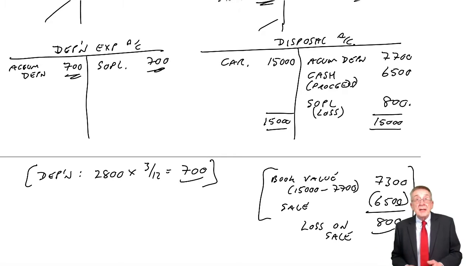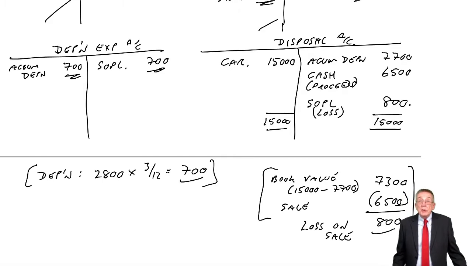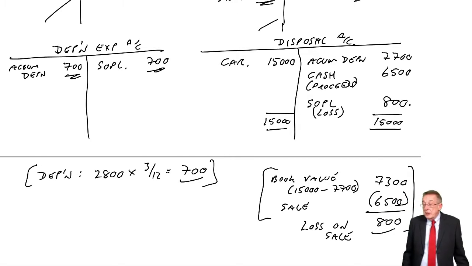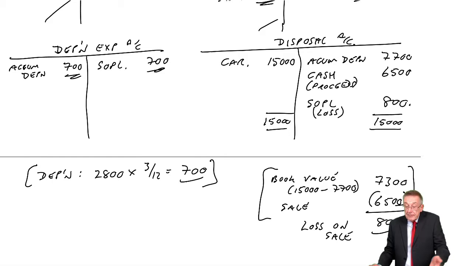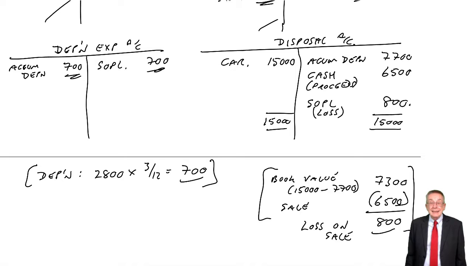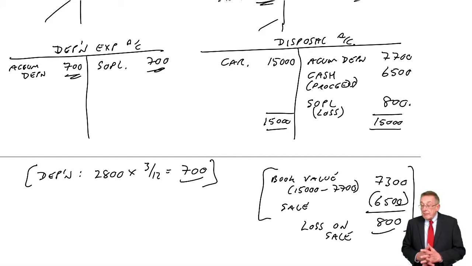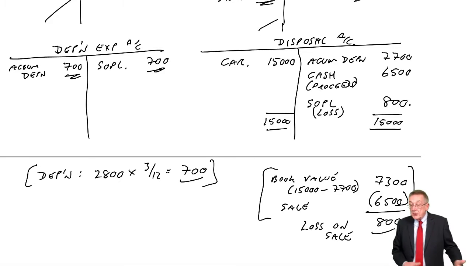It could be the car had been destroyed in an accident, but we had insurance. Well, fine. The cash proceeds would be whatever insurance money we received. If the insurance was 6,500, well, same again, loss 800.